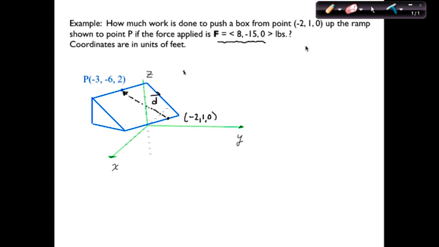You wouldn't do that. Don't we have to? No, why not? What can we do? F dot D. We've got two ways to calculate that, right? Both give the same answer. Do we need to find the angle between F and this? Right. Don't do it. So instead, do what?